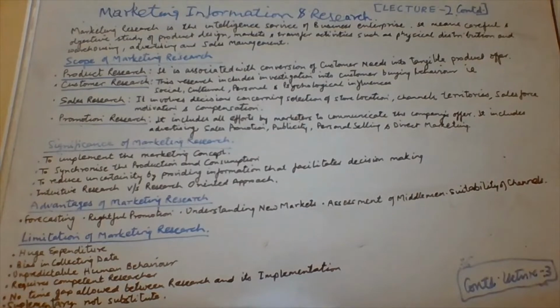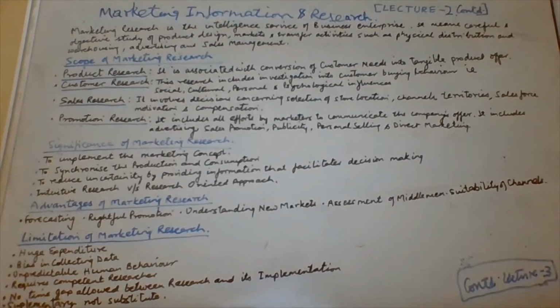And warehousing, advertising, and sales management, that is, the promotional aspects. So marketing research covers all these aspects, and the marketing manager tries to gain as much information as possible on them. This leads us to understand the scope of marketing research.